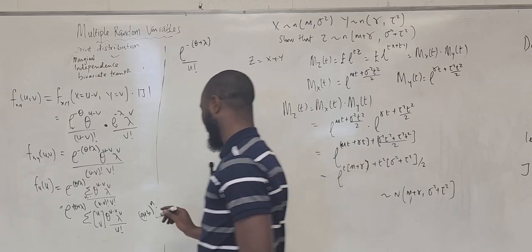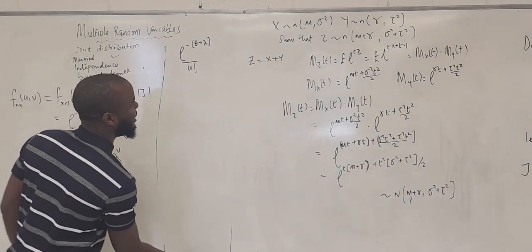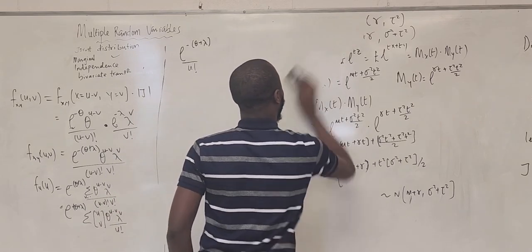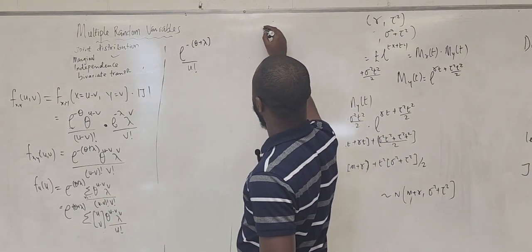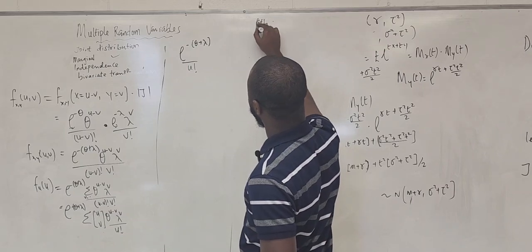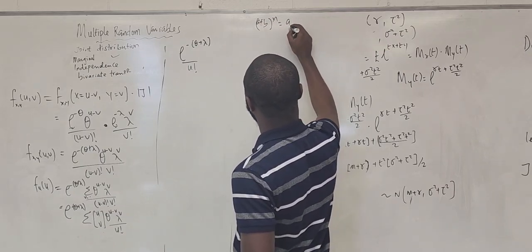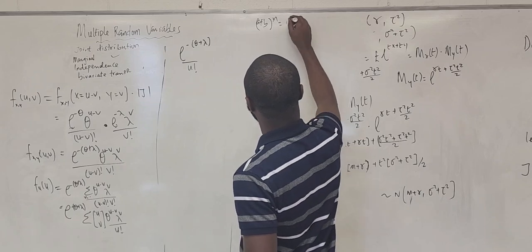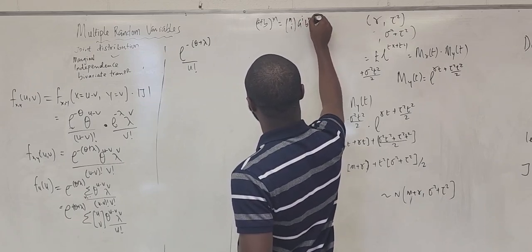Now, if you have a plus b to the power of n, it equals the sum of n combination i, a to the power of i, b to the power of n minus i.